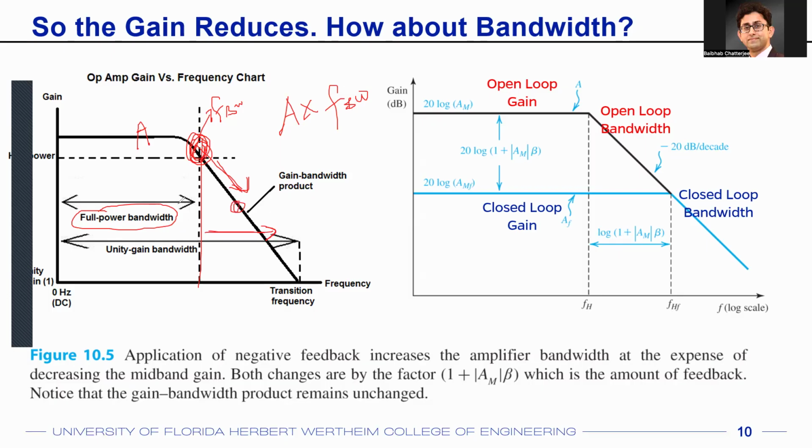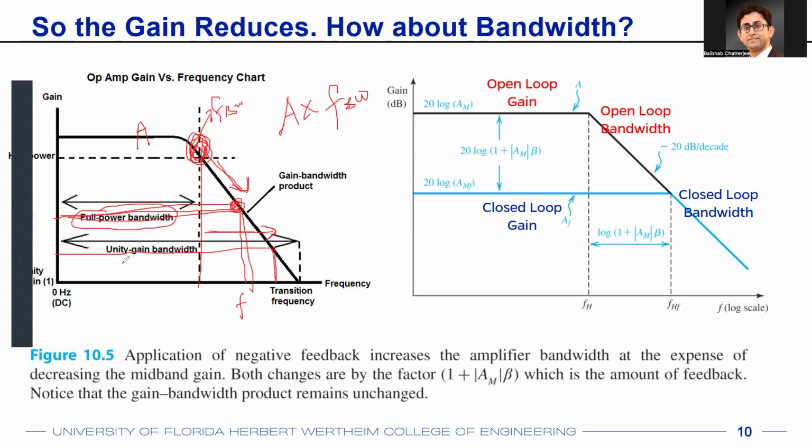So for example, at this point, your gain is this much, your gain is only this much, but your bandwidth is here, right? Because your x-axis is frequency and your y-axis is your gain. So at this point, the gain bandwidth product, the area of this rectangle, will be the same as the area of this rectangle over here. The gain bandwidth product will be exactly the same, because as your frequency increases by 10 times, your gain is reducing by 10 times for this first order op amp.